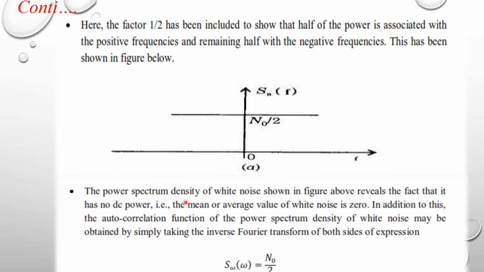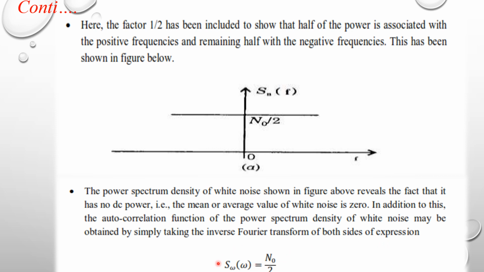The power spectrum density of white noise shown in the above figure reveals the fact that it has no DC power. That is, the mean or average value of white noise is 0. In addition, the autocorrelation function of white noise may be obtained by simply taking the inverse Fourier transform of both sides.